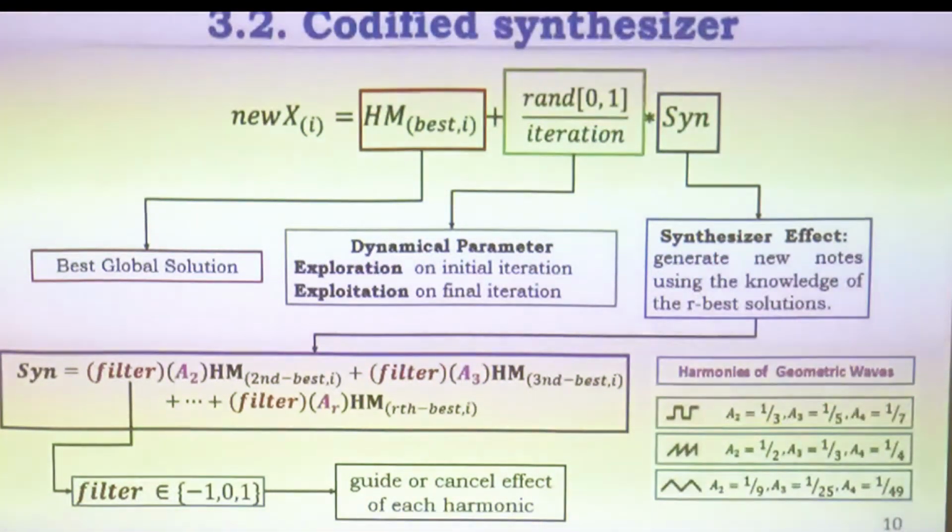The knowledge given by the second best and the third best is determined by the harmonies of the geometric waves used and a filter. The filter guides or cancels the effect of the other best, the second or the third best notes.